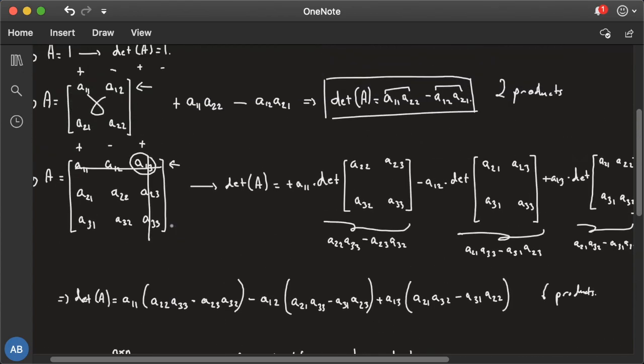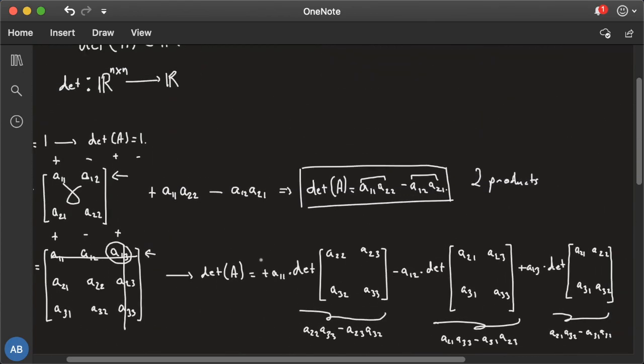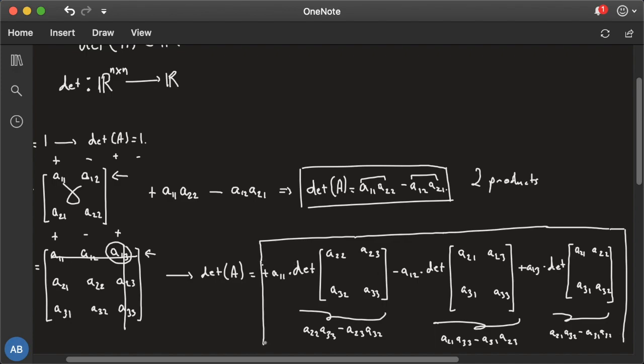As we did right here, we represented the determinant of a 3 by 3 matrix using smaller determinants, that is, determinants of 2 by 2 matrices, right? Now this process is really similar to the expansion by minors, which we will see in the next lecture.